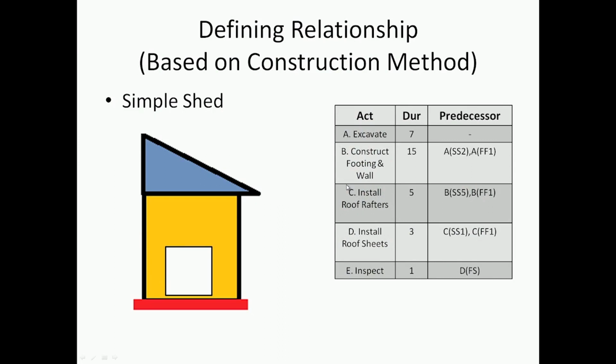Now if we were going to do the same setup using activity on node, with just the finish-start relationship, we would end up with a serial set of activities. The alternative, as we discussed in the last class, is to break it up into pieces, and in many ways that's a good alternative.